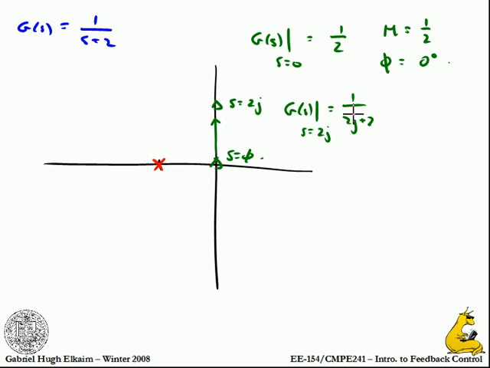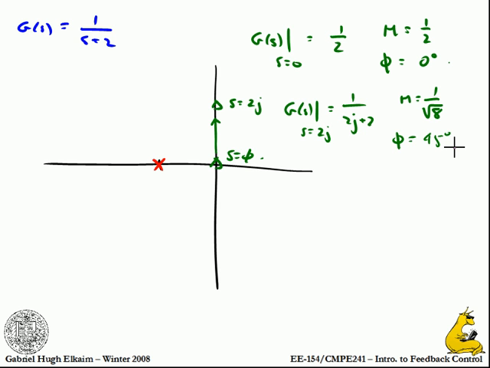So the magnitude of this is going to be essentially 1 over the square root of 2 squared plus 2 squared, so that's 1 over square root of 8. And the phase angle is going to be arctangent of 2 over 2, which is 45 degrees. Right? So far, so good?